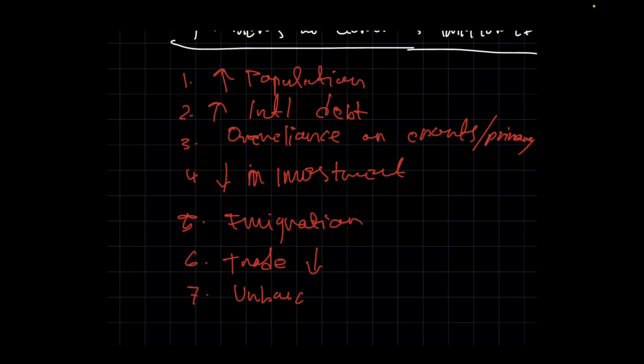And lastly, you have unbalanced economy. You have an economy that is completely reliant on one industry with high population, high debt, that is struggling with less people, less workforce.